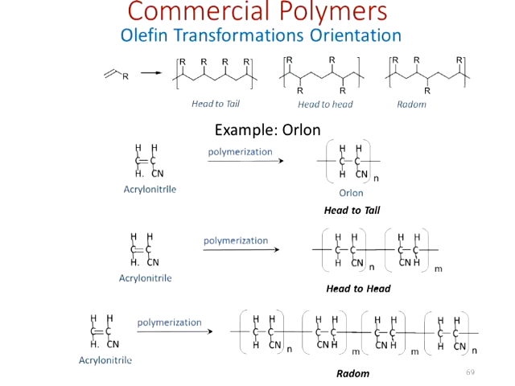Most of the examples that I have been teaching and showing in this class involve head to tail polymerization, meaning that the front of the monomer attacks the back of the adding monomer to give you a head to tail.